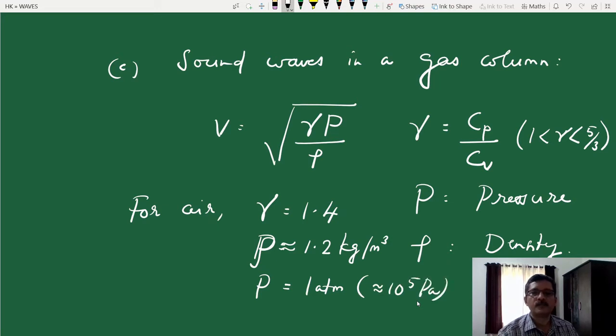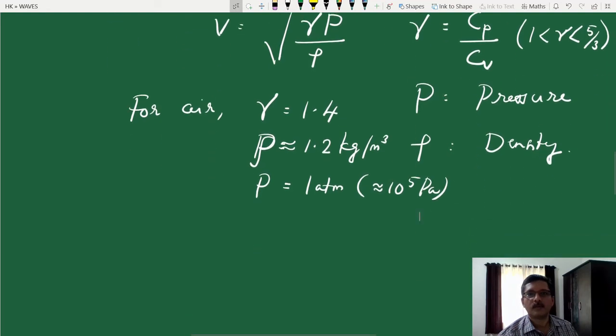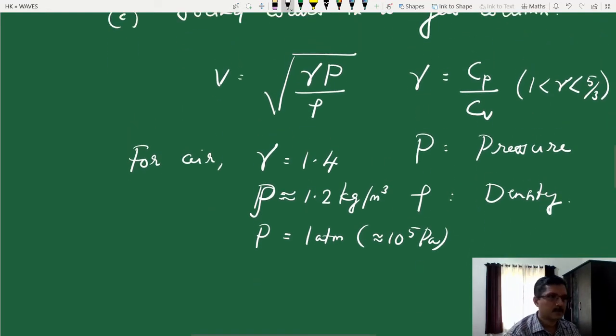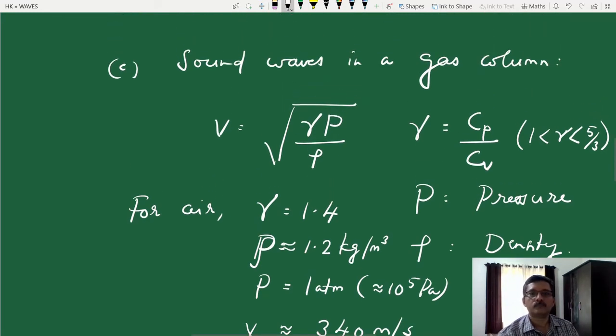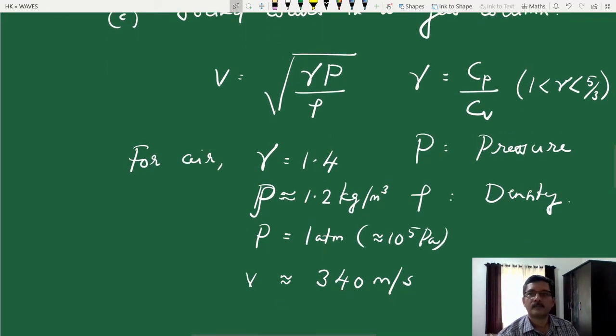If you substitute these values, the speed of sound in air at 1 atmosphere pressure is approximately 340 meter per second.